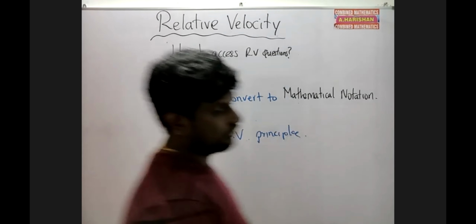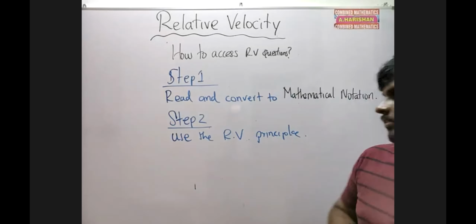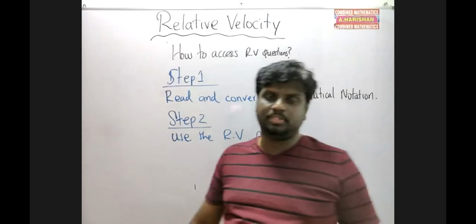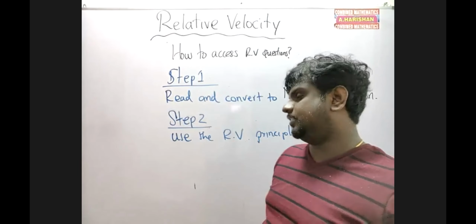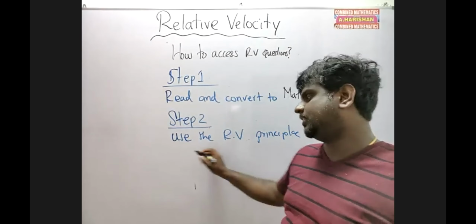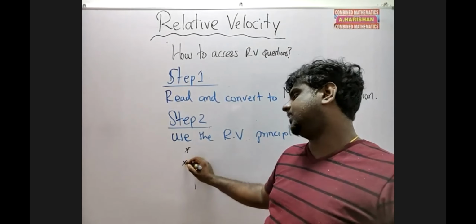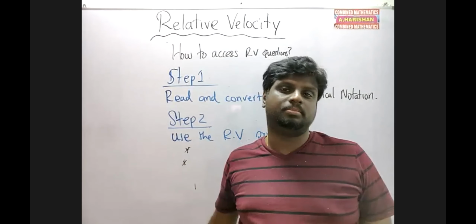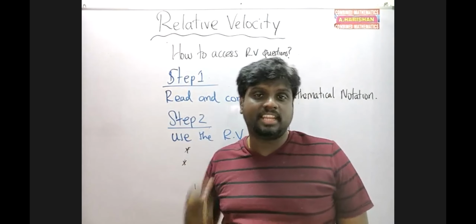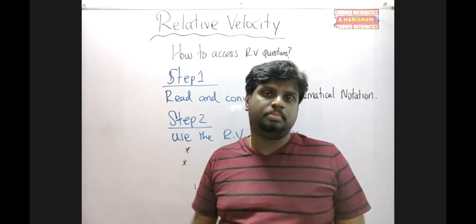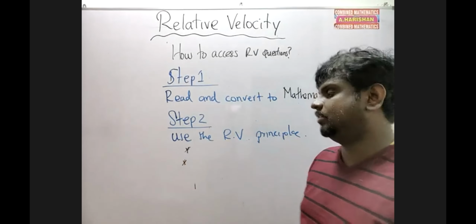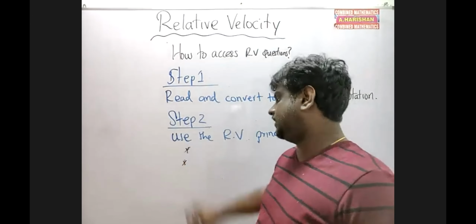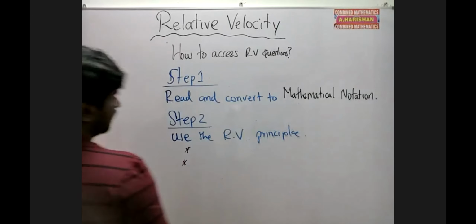So how to use the relative velocity principle? Hereafter there are a few steps, I will fill that in later. When you want to start the relative velocity principle, you have to start with the direction-known particle only, or direction-known data only. We will talk about that later. Just put 2 stars.